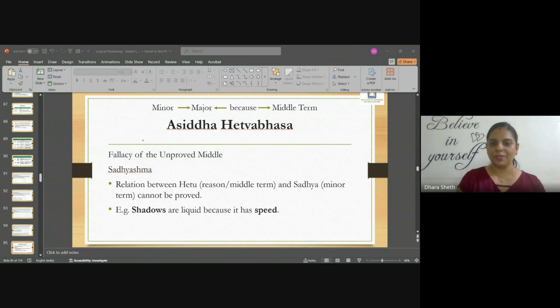Now here, I have constantly written this on all slides just to let you remember that minor term is your subject, major term is what you are trying to prove, and middle term is your reason. Okay, remember this always. First hetvabhasa is asiddha, fallacy of the unproved middle, where the middle term cannot be proved.